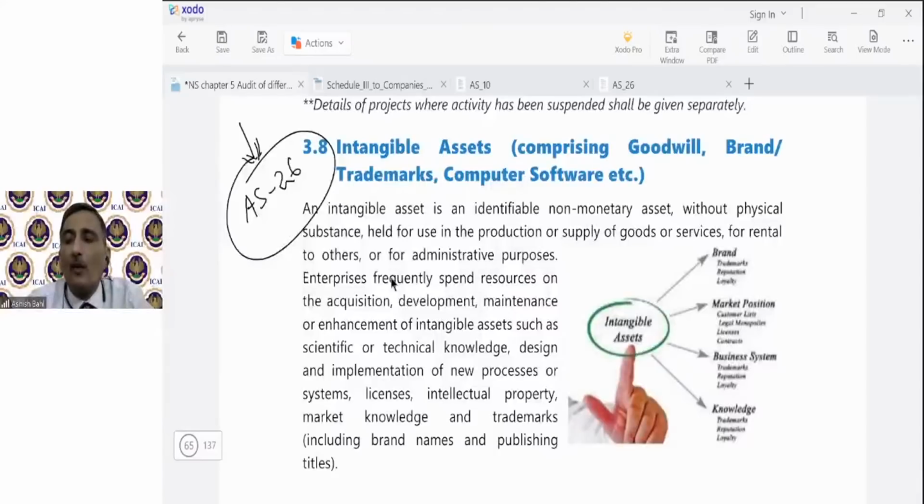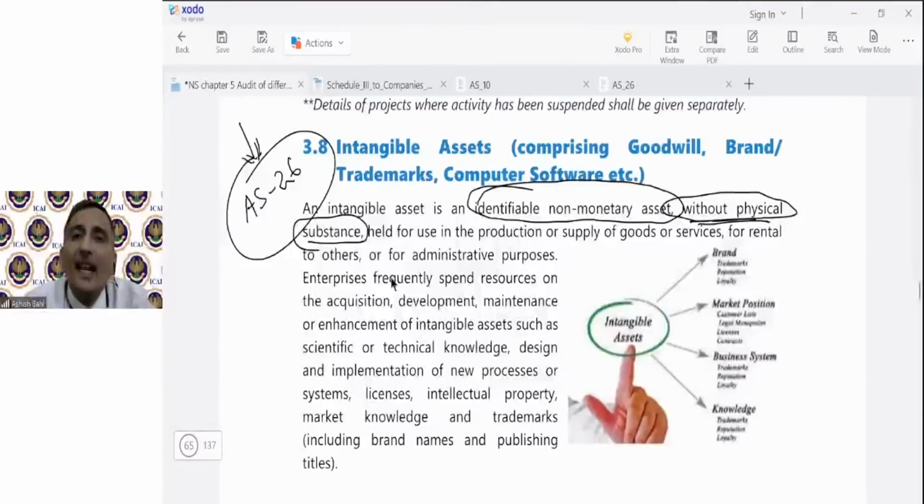So then obviously many of you would be familiar with the term intangible assets. Intangible assets is an identifiable non-monetary asset. As per AS 26, it is an identifiable non-monetary asset, and another thing is that it is without physical substance.